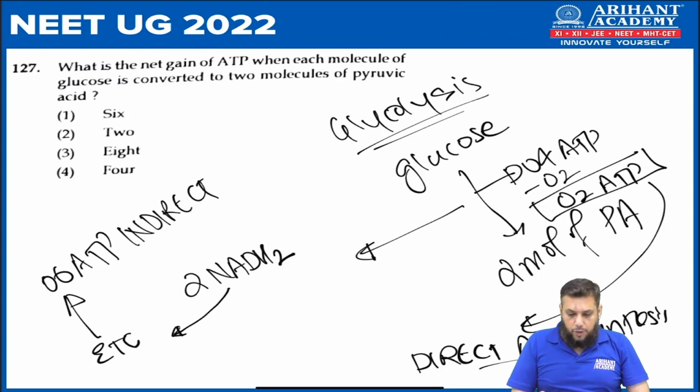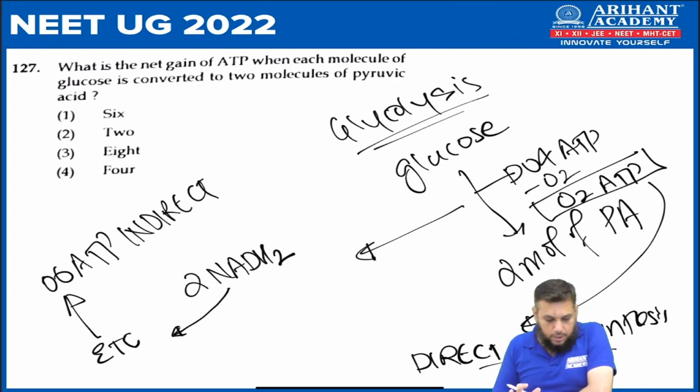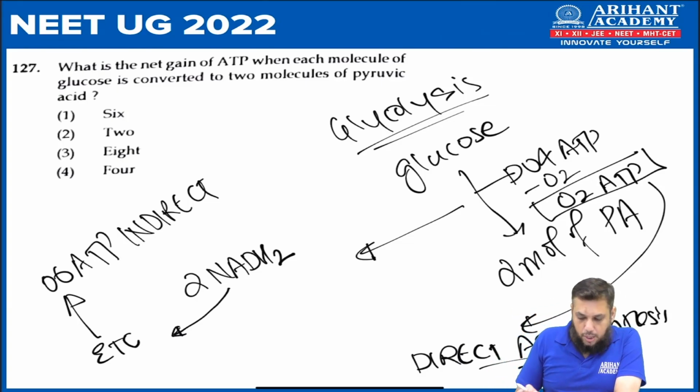So when we are talking about the net gain of ATP when each molecule of glucose is converted to two molecules of pyruvic acid, we are talking about direct ATP synthesis, irrespective of the ETS taking place or not. Sometimes there can only be anaerobic respiration, there cannot be ETC. So the answer is always going to be two molecules of ATP. So 127 will be 2.